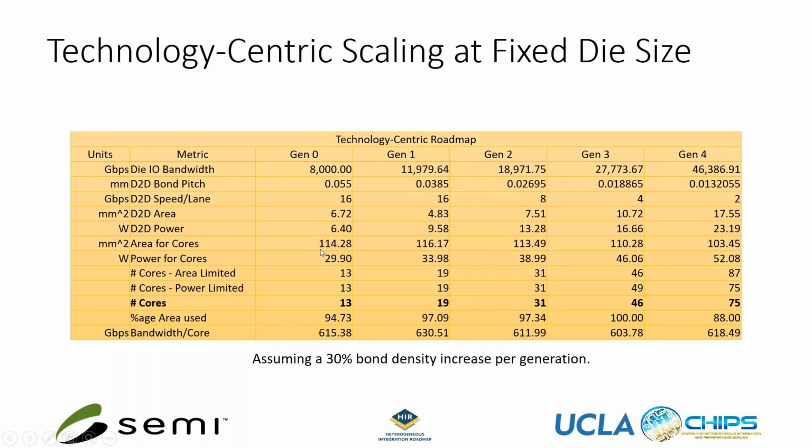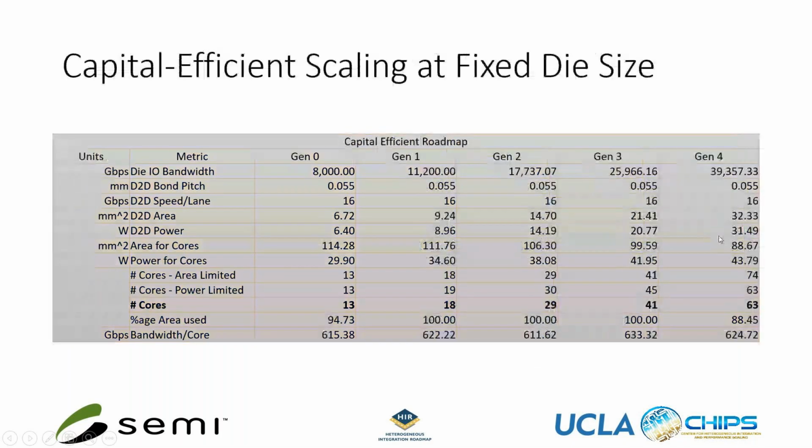One of the interesting things is that you have an interesting combination where the amount of power and area goes down, because even though you're going for slower lanes, your bump pitches are closer, and you're using relatively less power. You'll see that in the next slide.